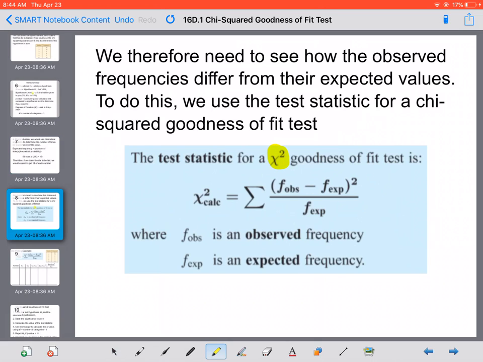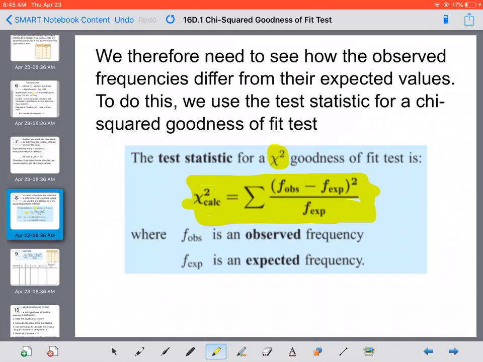It's not an X, it actually is the Greek letter chi, so make sure that when you're typing it, it is not just an X. Chi-squared calc is our calculated statistic here, and that is found by the sum, which is our sigma, of your observed frequency, what you actually did in your experiment, minus the expected, that quantity squared, and then it's all divided by your expected frequency.